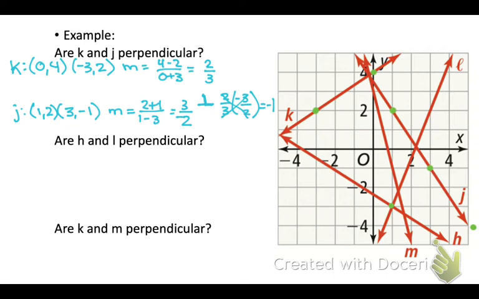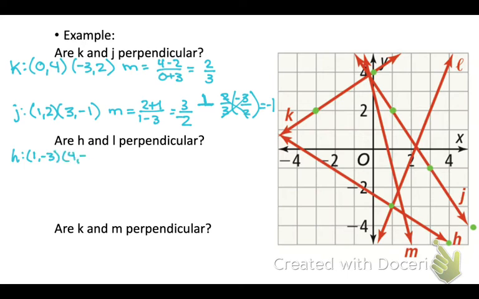What about 4, -5? Is it going to hit there? It looks better than any other. So for H we have 1, -3 and 4, -5.